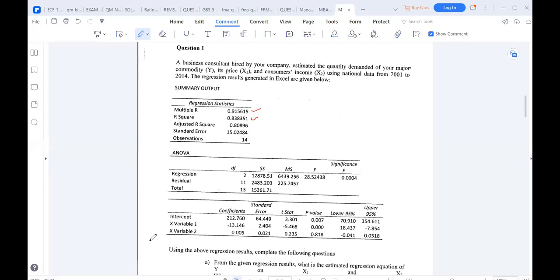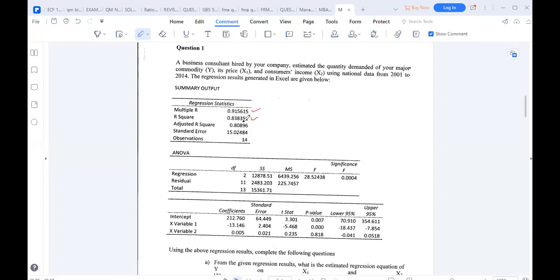Before we analyze any of the questions, to start with, our R is positive, so it simply shows that the relationship that exists between the quantity demanded and the price and consumer income is positive.